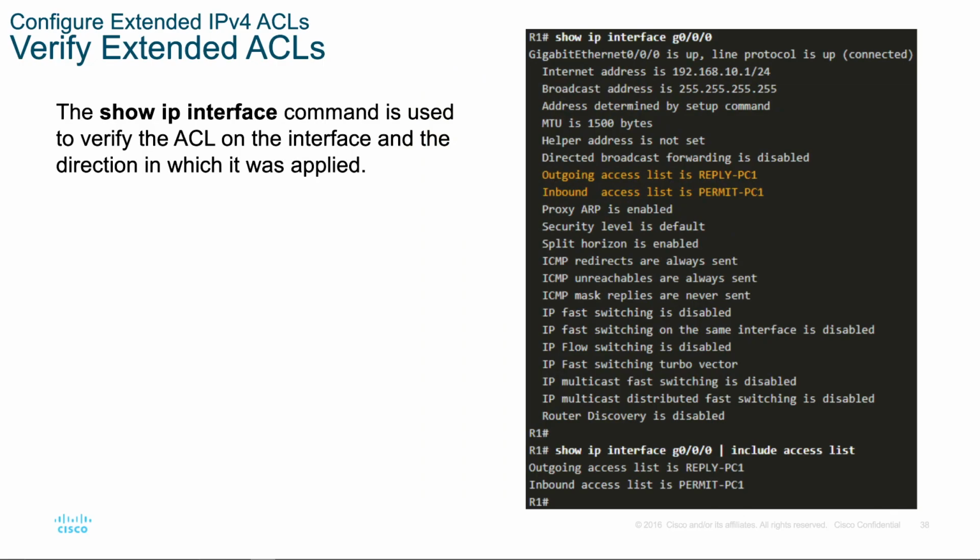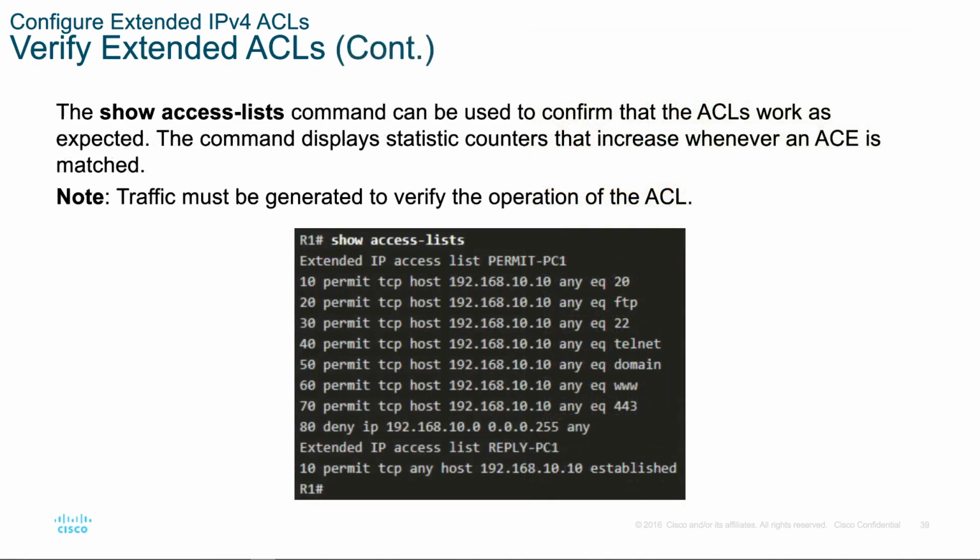To verify that these access lists are applied on the interface, you use the show ip interface command, and we're looking for that outgoing and inbound access list to have the named ACLs listed in the correct position. Using the show access-lists, you would see all the access lists that are configured on the device and what their parameters are.